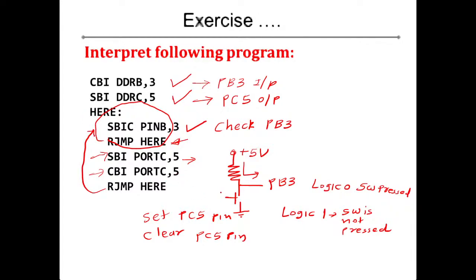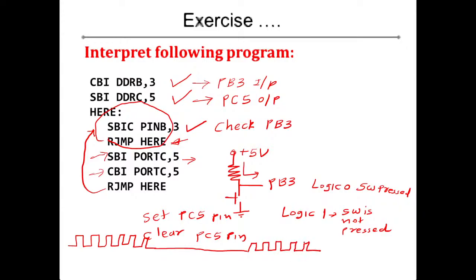If the switch is still pressed, we again get this combination of high, low, high, low. So if you keep pressing the switch, you will get a waveform like this, high and low, high and low. You will be getting pulses from the PC5 pin continuously. And if you release the switch, the pulses will not be available on this pin. Again, if you press the switch, the pulses will be available from PC5.